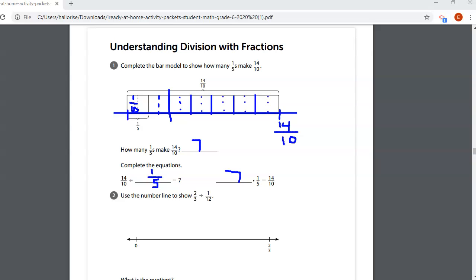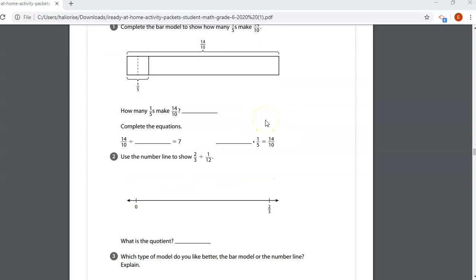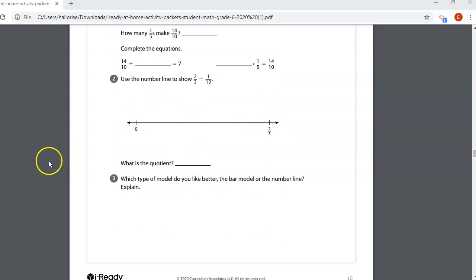Down here would be 0. So now we need to come down here and use a number line instead of a bar model to show 2/3 divided by 1/12.